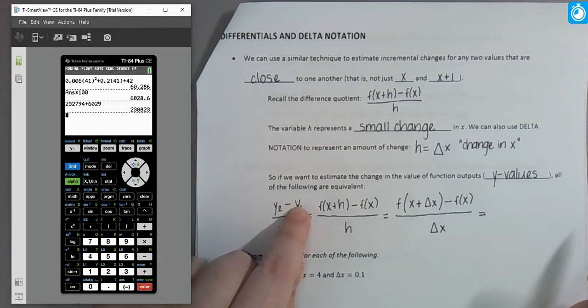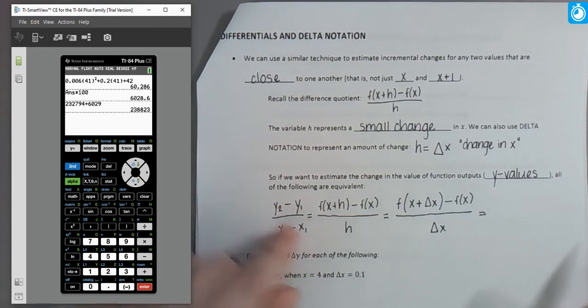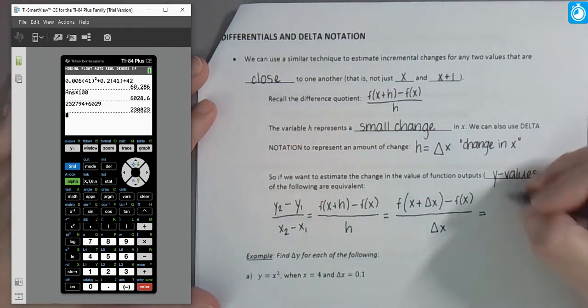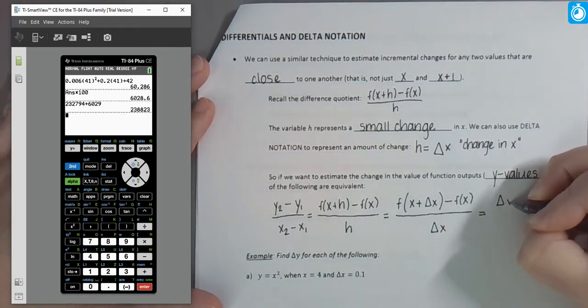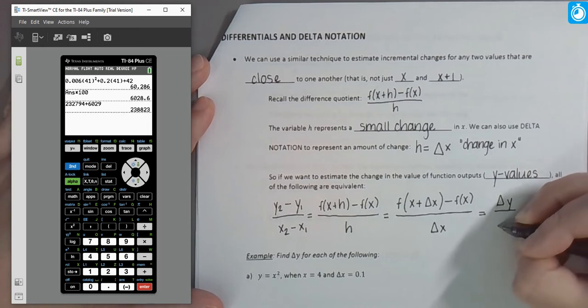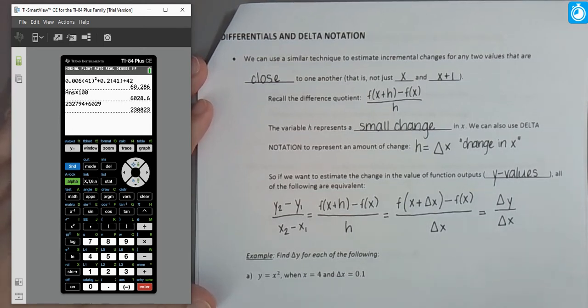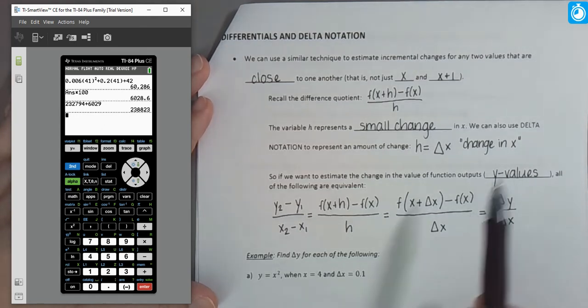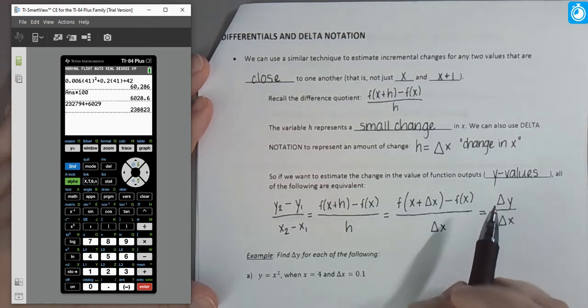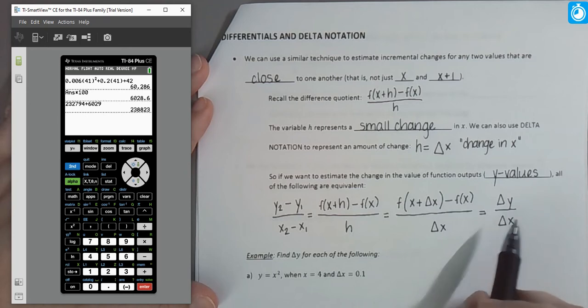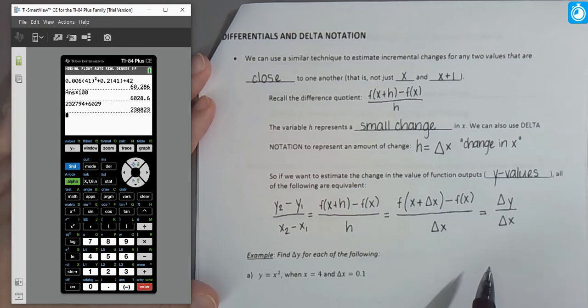Well, the delta means change in. So change in y over change in x. All of these expressions are equivalent to one another. They just vary the notation. But what I want to focus on here is where we ended up, this new notation, delta y, change in y with respect to change in x.